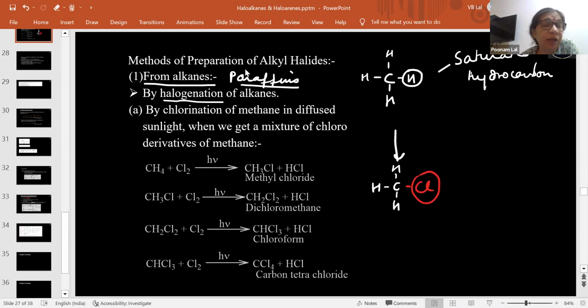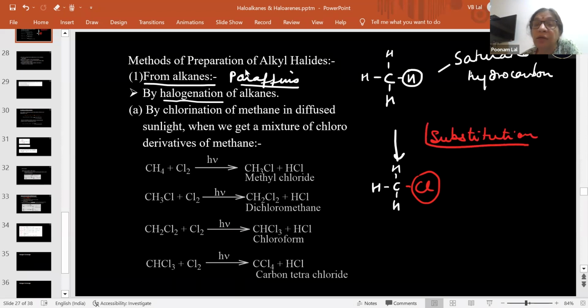Can any one of you tell me what type of reaction this is? You have learned in 11th standard 3 types of reactions, isn't it? One is addition, the other one is substitution, and the third one is elimination. What type of reaction is this? It is a substitution reaction.